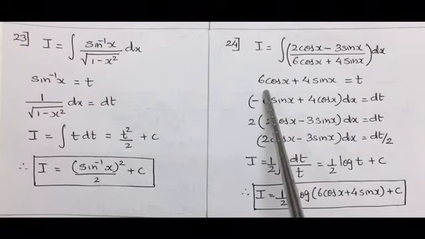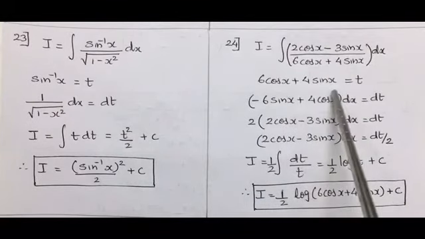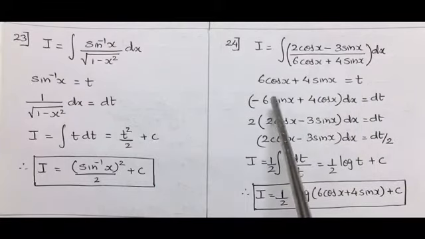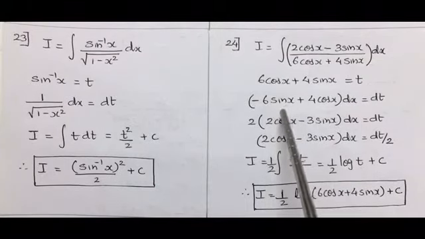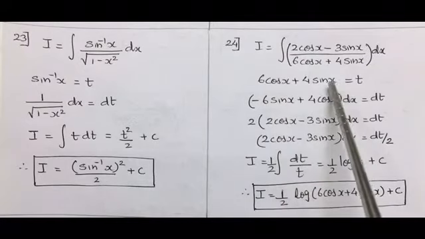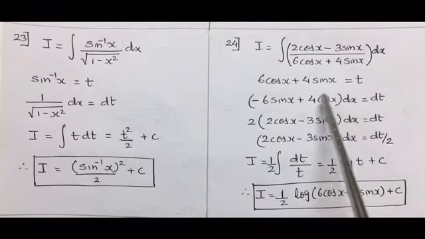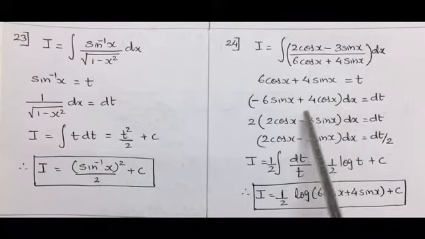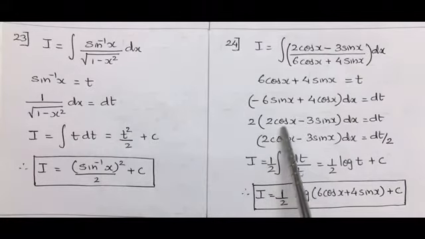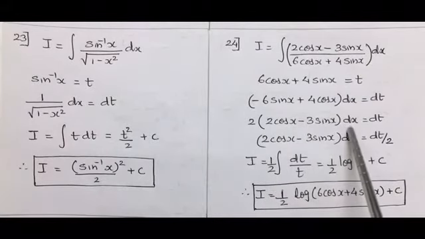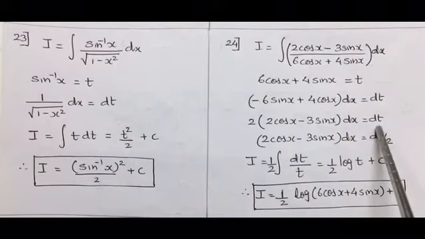So assuming 6 cos x plus 4 sin x is equal to t and differentiating it, cos differentiation is minus sine, sine is cos. So after differentiating it and taking out 2 common, we'll get 2 cos x minus 3 sin x dx is equal to dt.